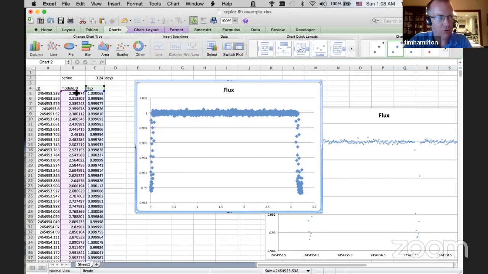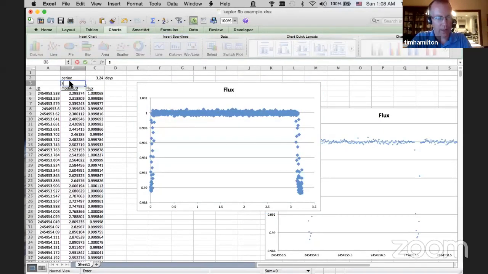So go back to your modulo Julian date, and I'm going to mark out here a starting Julian date. Now I'm going to copy this just as a first thing to try.